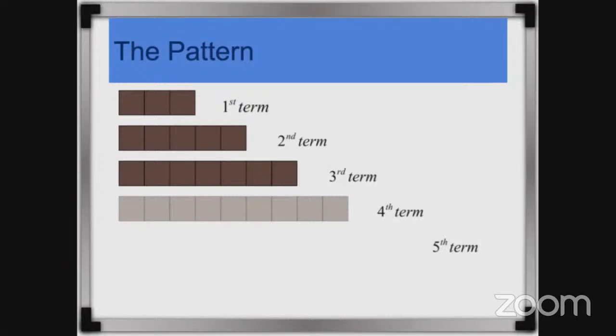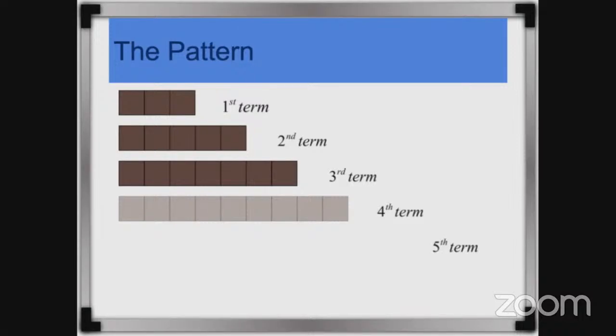So for term 1, how many would I have added? To get to term 2, I added how many? 2. I added 2. How many did I add to get to term 3 from 2? 4.